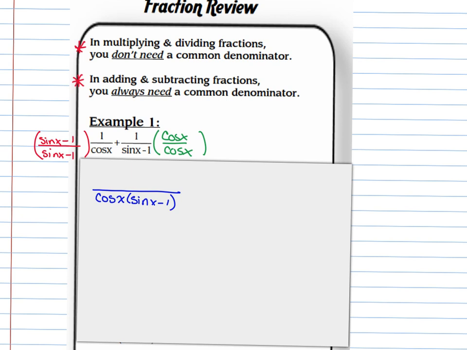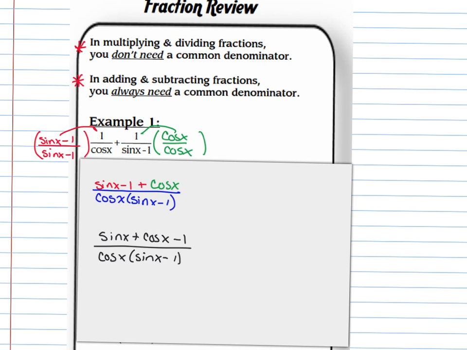That means when we multiply this times that, I'm going to have sine of x minus 1 plus cosine times that is cosine of x. Then all you have to do is write it in standard form. So we're going to have sine of x plus cosine of x minus 1 all over cosine of x, sine of x minus 1.